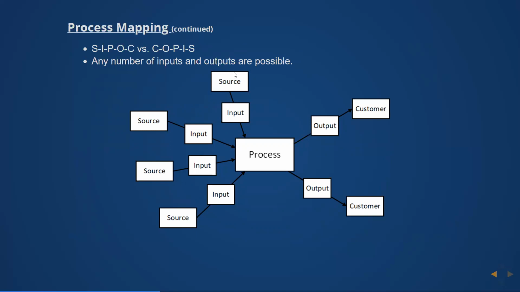SIPOC, meaning source, input, process, output, customer, is a fairly standard abbreviation in this practice. However, I learned from a fellow practitioner that people often reverse that and think of COPIS, which is figuring out what customers actually need and working in reverse.